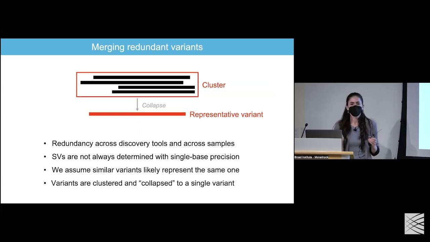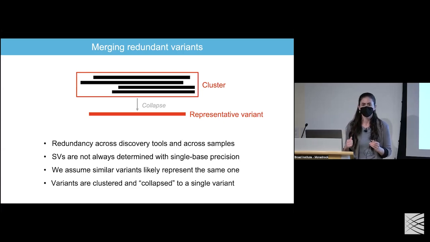So you can imagine that now we've run multiple SV discovery algorithms across many samples, and we may have discovered the same structural variant by multiple algorithms and in multiple samples. So we want to now reduce our redundancy. But SVs are not always determined, especially from short reads, with single base precision.